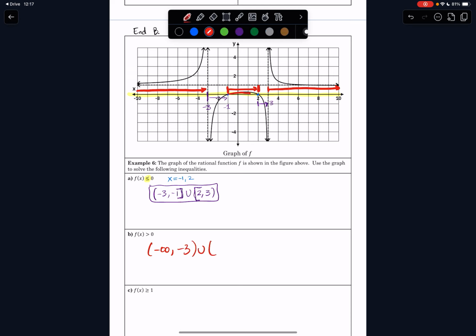We're above the x-axis in this little portion in the middle from -1 to +2. And we are above that yellow line from +3 all the way to infinity. So there's your answer.